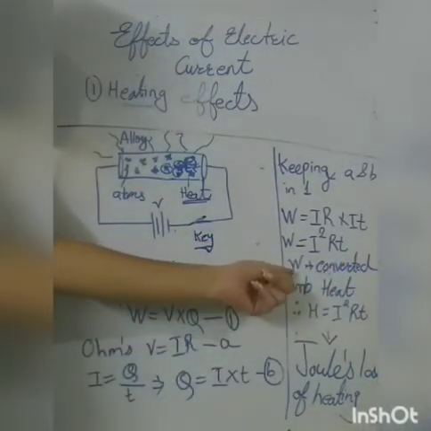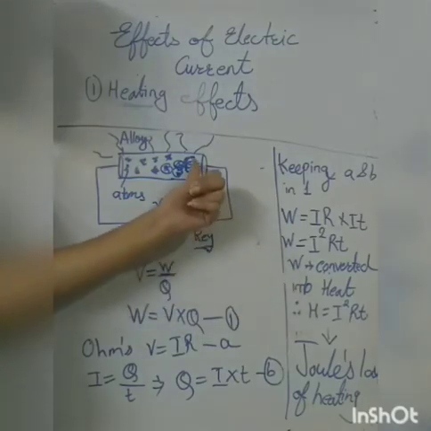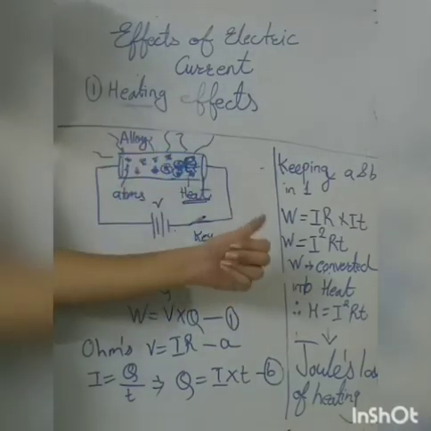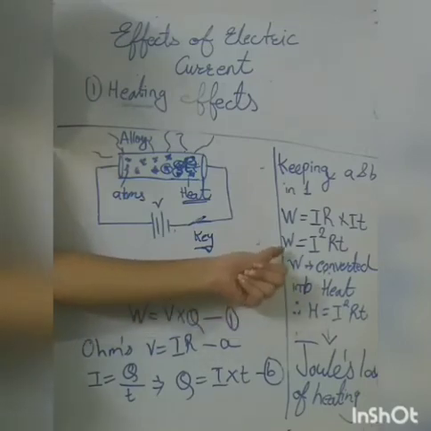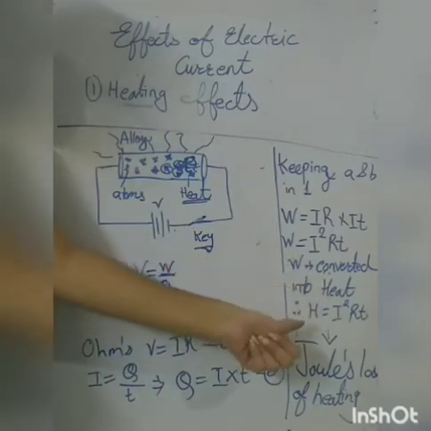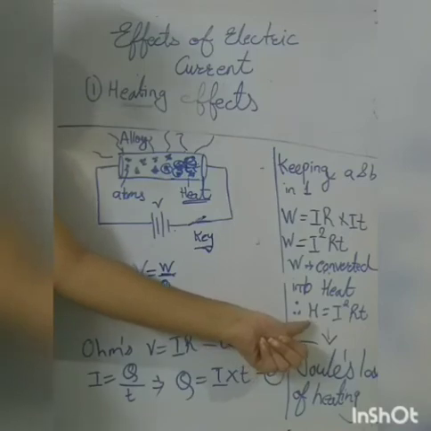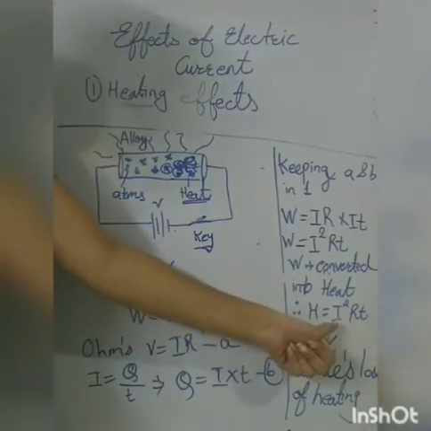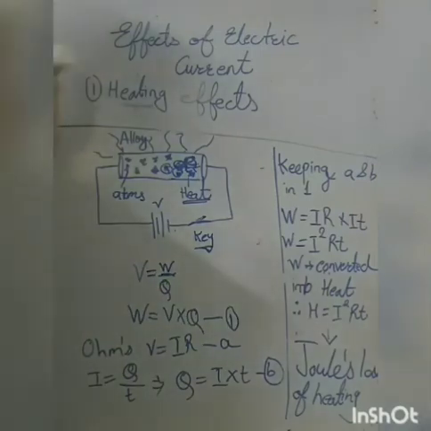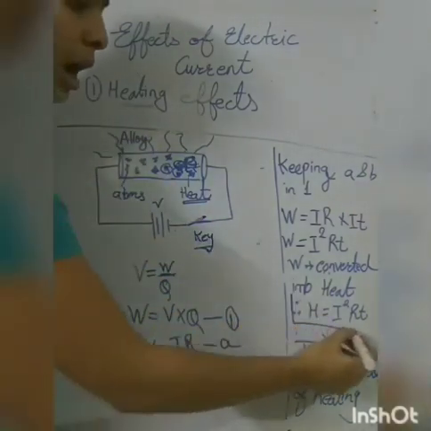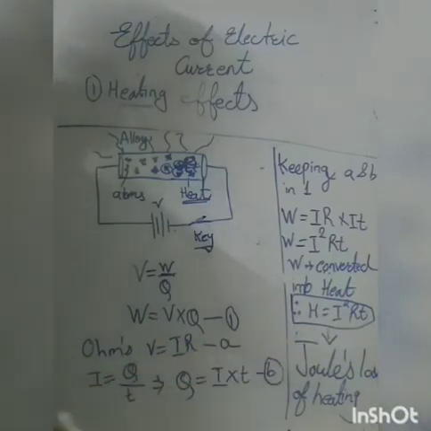This W is the work done by the electron to move from one point to another point. This work done is converted into heat. So instead of W, I will write H, that is, H equals I square RT. This H equals I square RT is nothing but Joule's law of heating.